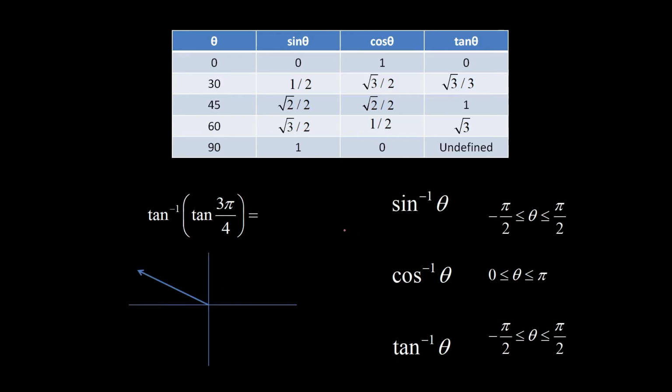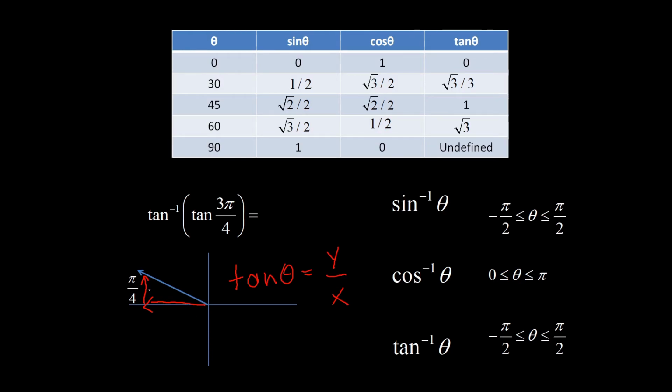So how do we figure it out? Go into a reference angle. So here's our 3 pi over 4 angle, which means our reference angle then is pi over 4. Now recall that tangent is y over x. And looking at our reference angle, we have a positive y, but we have a negative x.